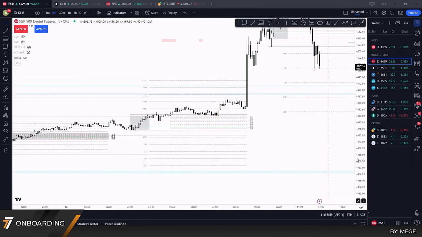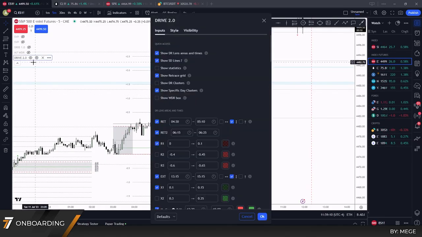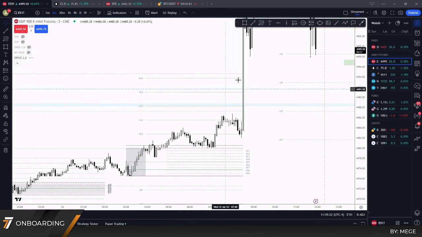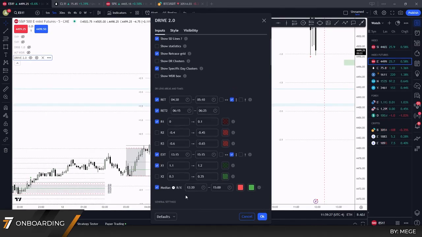The target for this trade, which is not recommended to take, would have been 1.2 based on the lens, so around here. 1.1 to 1.2. Obviously, someone can also trail the stop.